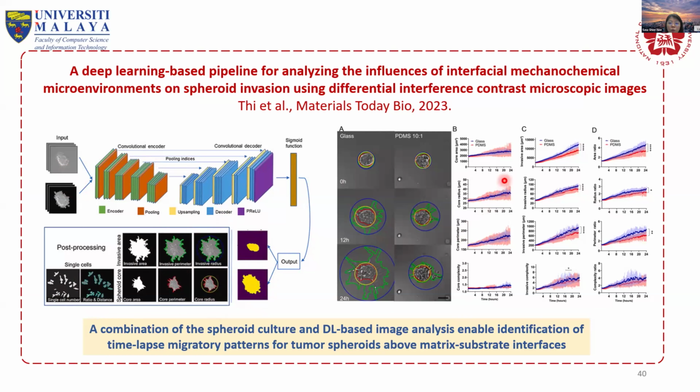Using this, we are able to achieve faster analysis and identify time-lapse migratory patterns for tumor spheroids above matrix substrate interfaces. So using the segmentations or deep learning model with such a pipeline, we are able to automate the work, and then we can enable researchers to spend less time on the tedious work.